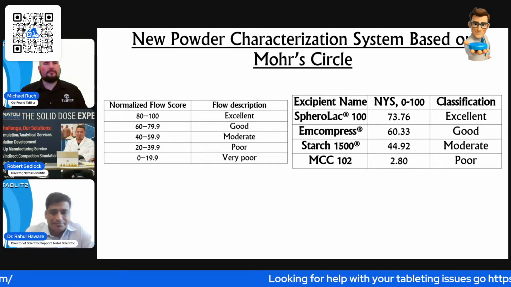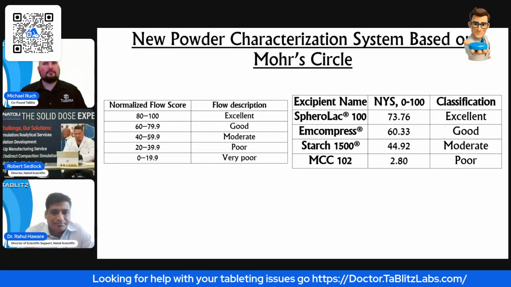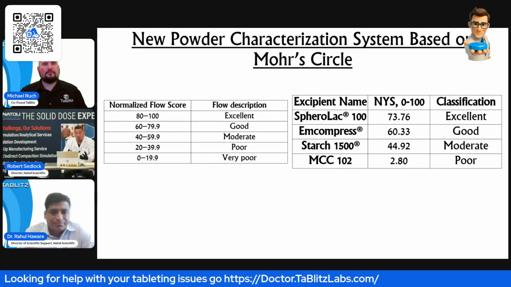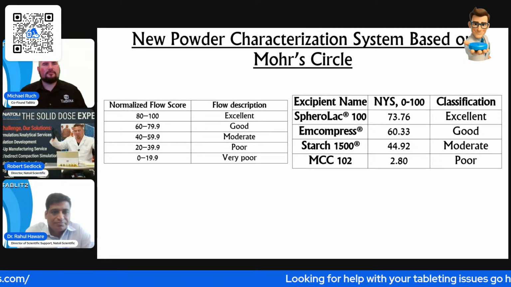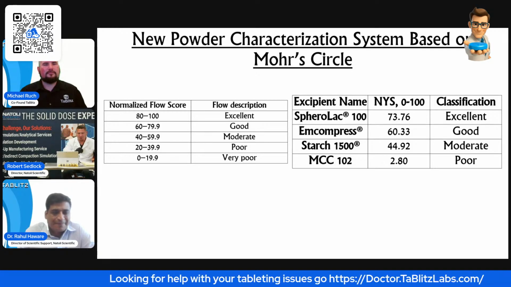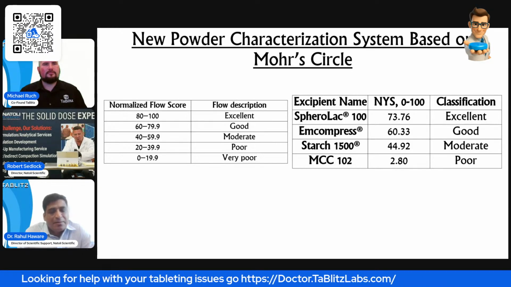Yes. Yeah, so this will be great. So not only are we using the rheometer for powder flow and cohesion, but we're also going to use it to assess sticking. It's a material sparing approach, so you don't need kilos and kilos of product and new tooling to test it on your tablet press. All you need is, how much material do you need for this, Rahul?